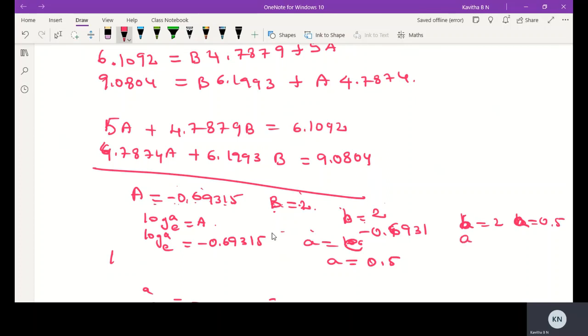Then y is equal to A x to the power of B, means A is 0.5 and in place of B substitute 2, so x square. This is the required answer. Y is equal to 0.5 x square. Problem is completed. The next problem I will continue next class. Okay, thank you.